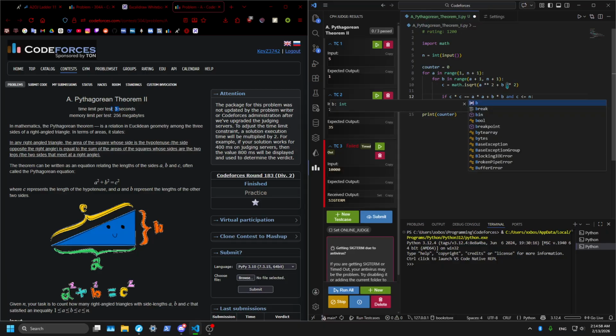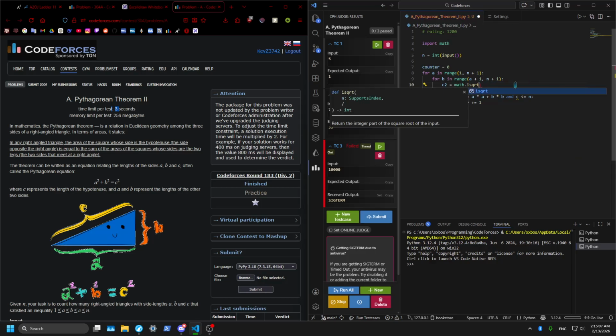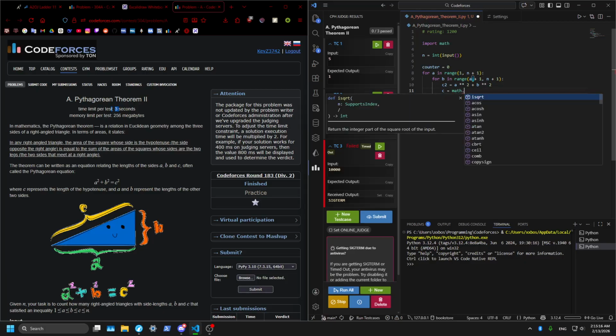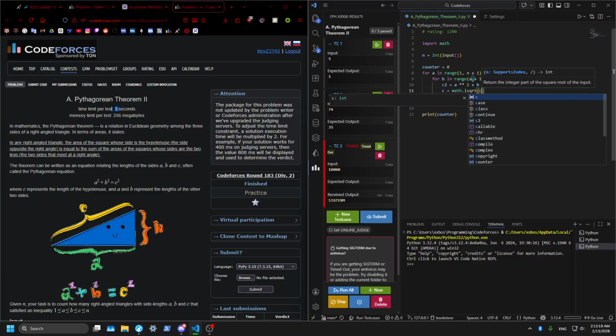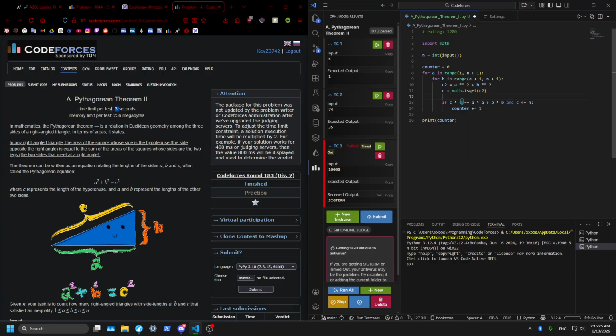We could do c squared equals this, and then c equals math.isqrt of c2, and then if c2 equals c times c and c is less than or equal to n.